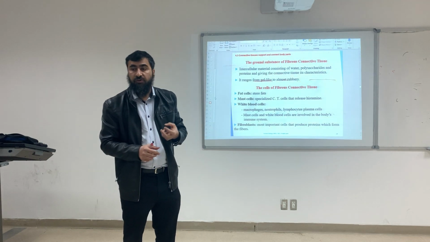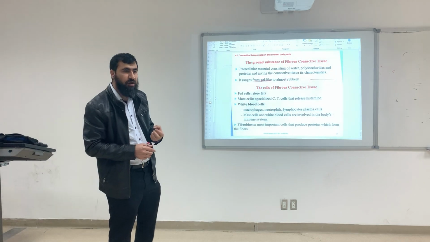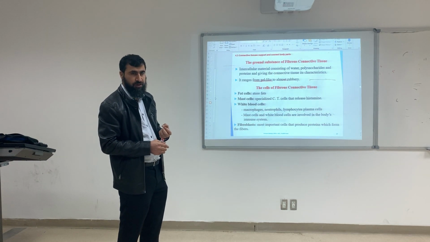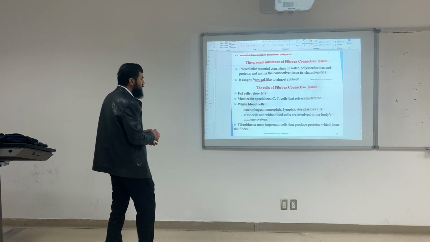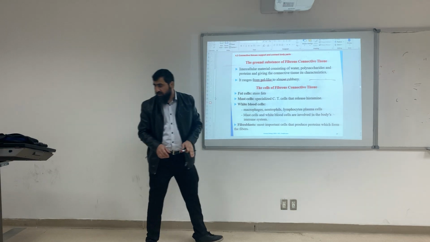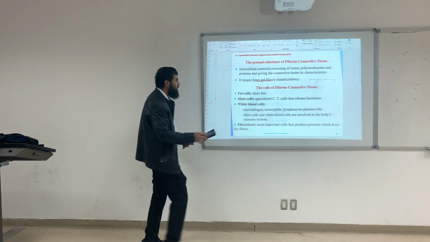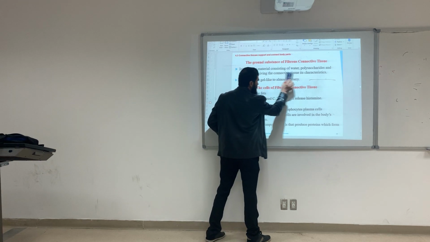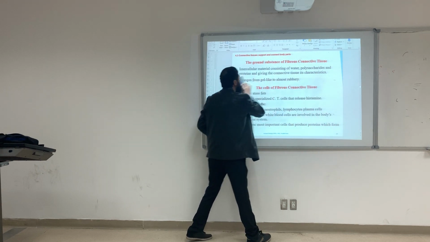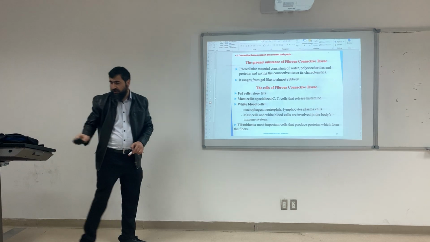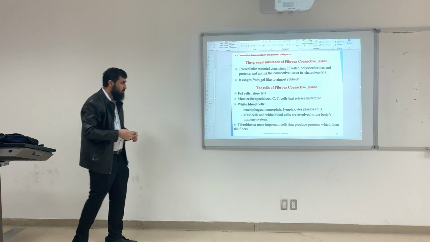This is because of the ground substance. So the ground substance gives those characteristics to the connective tissue. It can range from liquid to gel-like to almost rubbery in fibrous connective tissue.